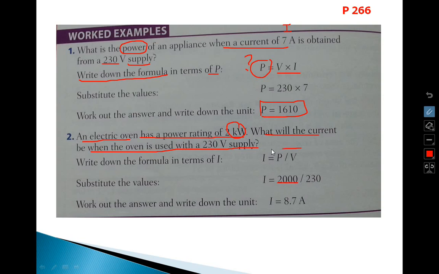So first write the formula: I is equal to P over V. Then substitute the values. I is equal to 2000 over 230 volt. 200 over 23 is equal to what? 8.7 ampere.